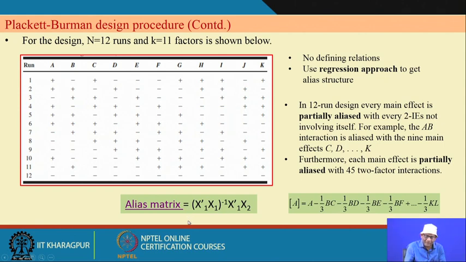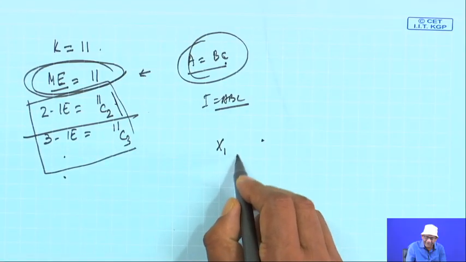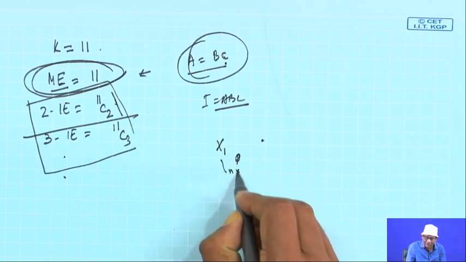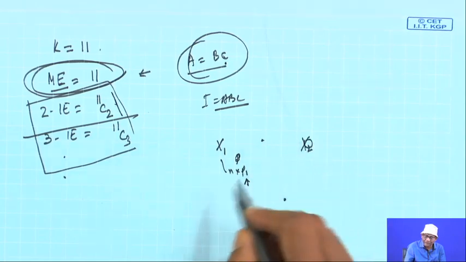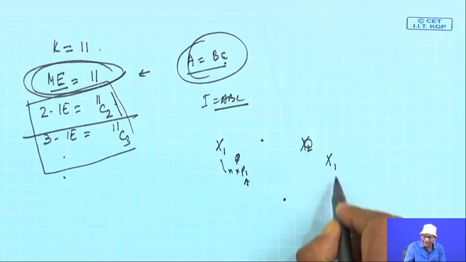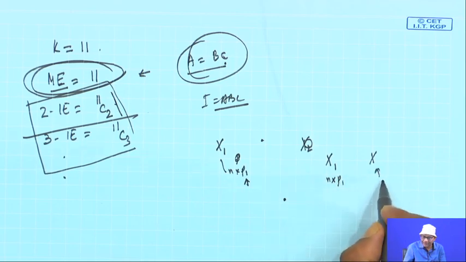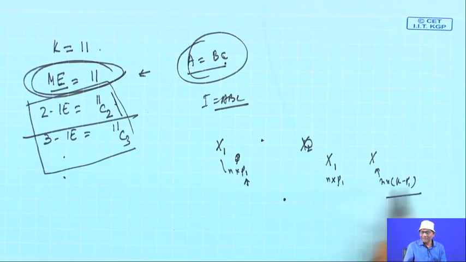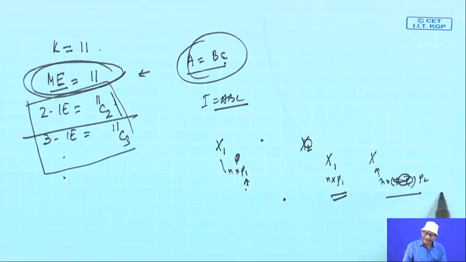We have run a partial model involving x1, which is n cross p1 number of factors, and another one involving x1 and x2, where p equals n plus p1 and x2 is n cross k minus p1, if there are k total factors. So, p1 effects and p2 effects.